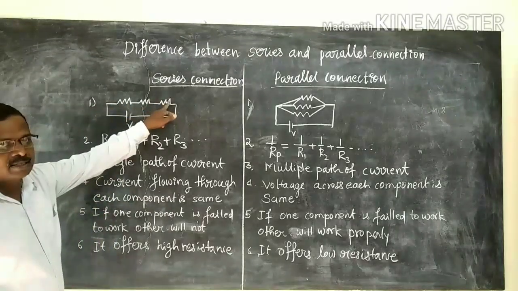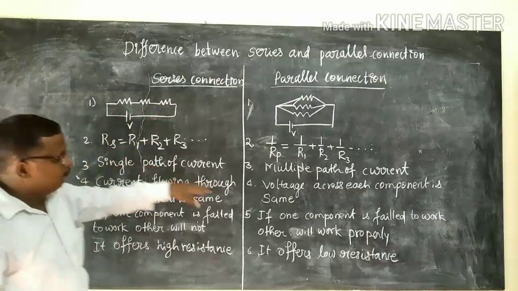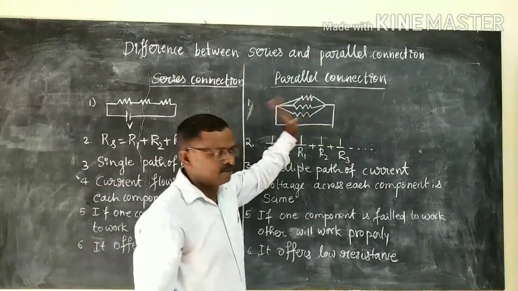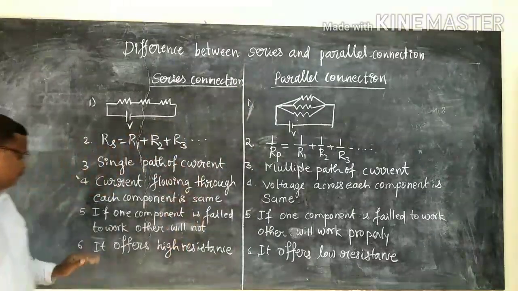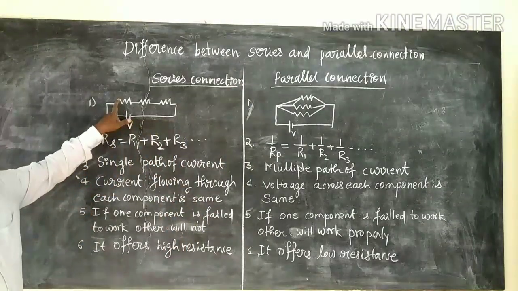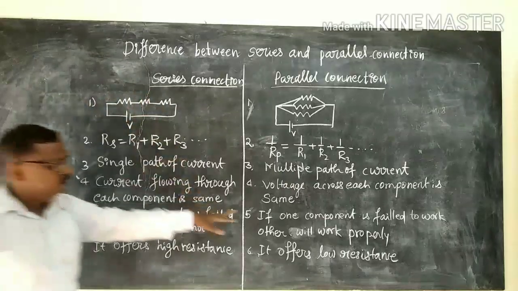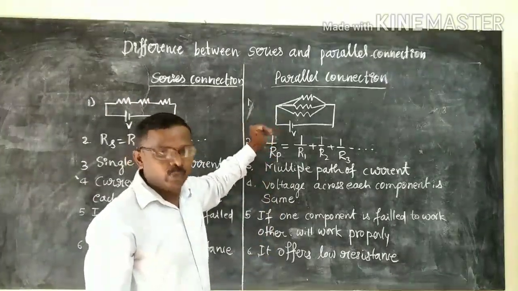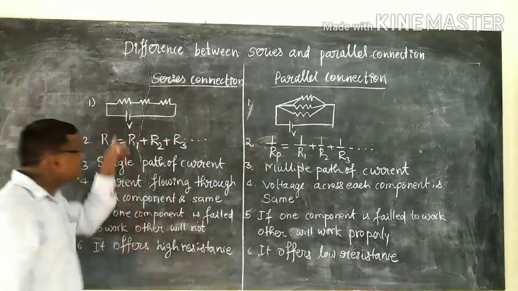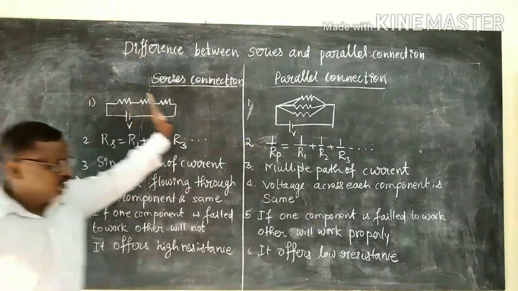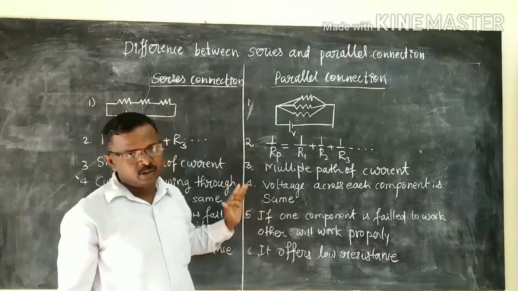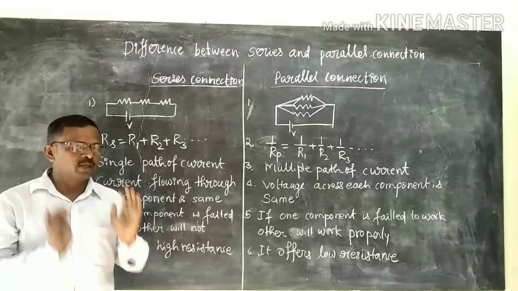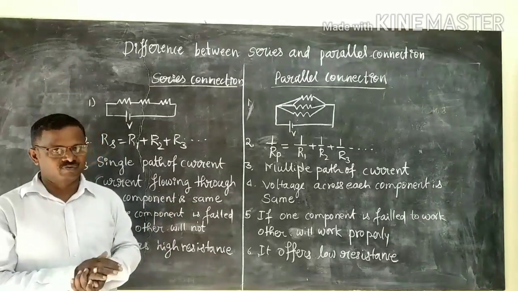But here in parallel the voltage across each resistor is the same. If one component fails to work in series, the others will not work. Whereas in parallel connection, if one component fails, the others will work. Series offers high resistance, parallel offers low resistance. The difference between these two is very, very important from the examination point of view.